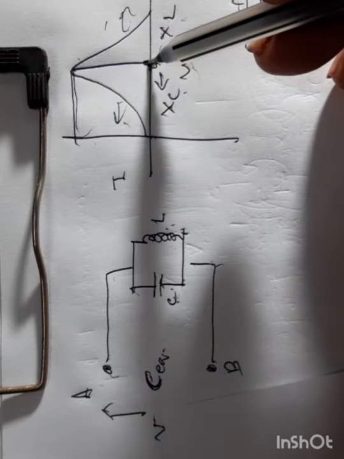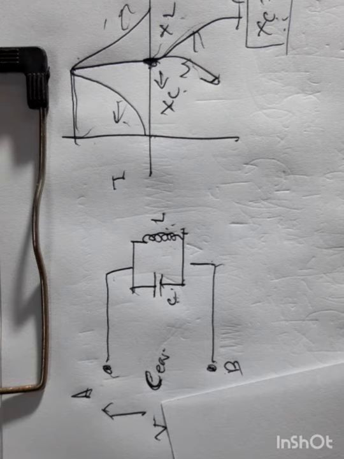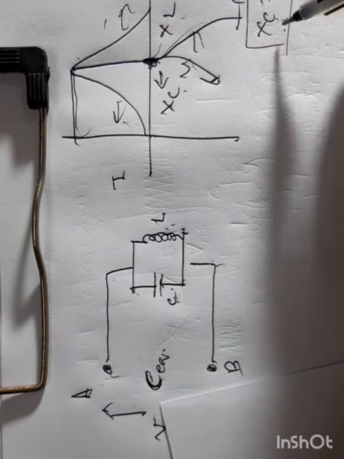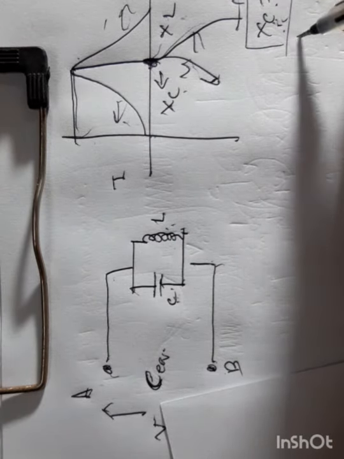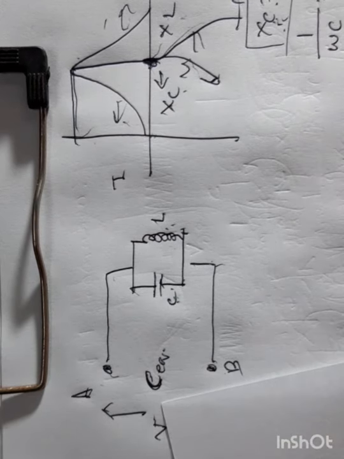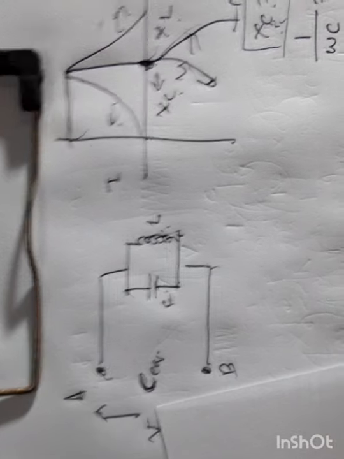This is called the resonant frequency. If the current flowing in the tank circuit is maximum, we call it the resonant current. At resonant current, at maximum current, XC is equal to XL. What is XC? It is 1 over omega C. What is XL? It is omega L. Or simply I can write this as omega squared is equal to 1 by LC.